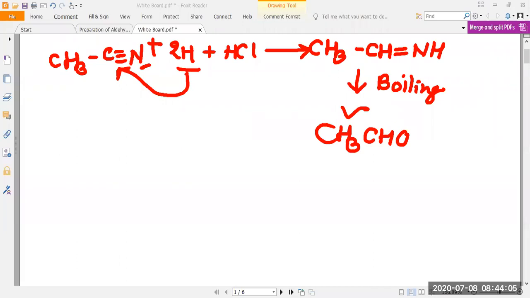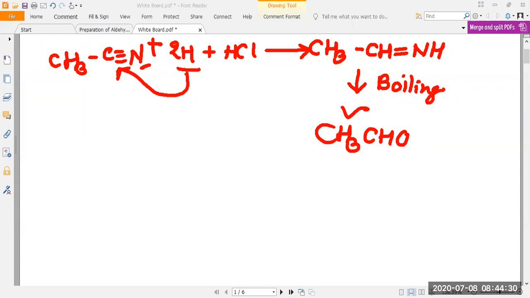One H is attached to this carbon and one H is attached to this nitrogen. Then this intermediate is formed, and this intermediate is called imine, I-M-I-N-E. And when this compound is hydrolyzed, the next compound is formed, benzaldehyde.